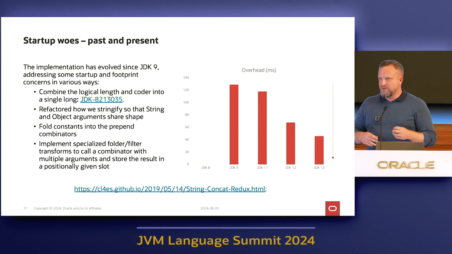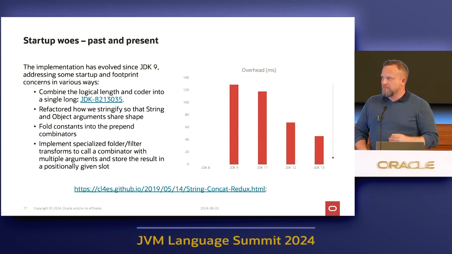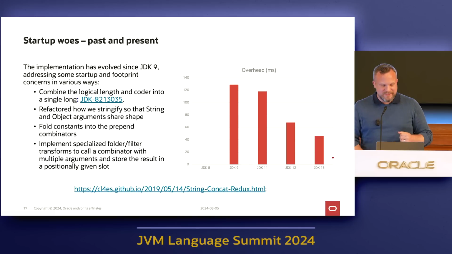That reduces the number of shapes by an exponential factor. I'm quite proud of some of those optimizations, since at the time they really helped us remove a lot of the overheads that we were seeing.